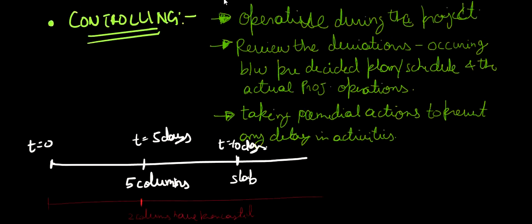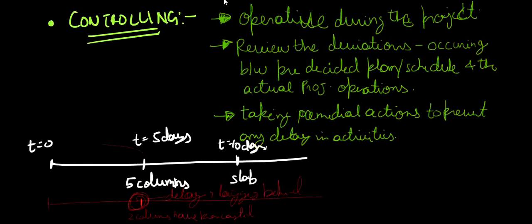So you can clearly see that there is a delay here, or our project is lagging behind. Up to this point, 5 columns should have been completed.